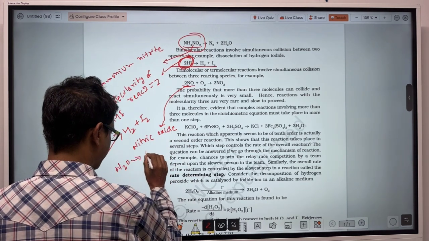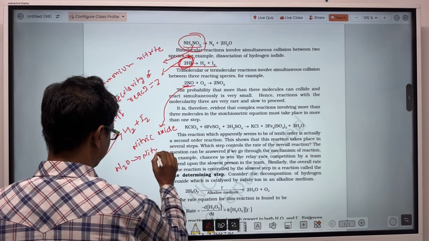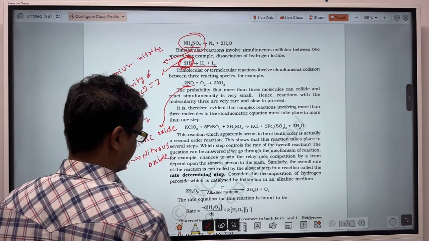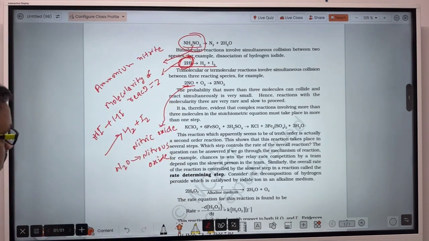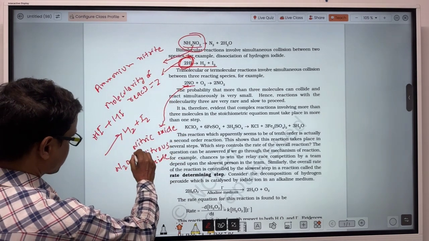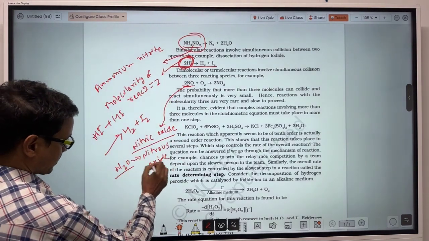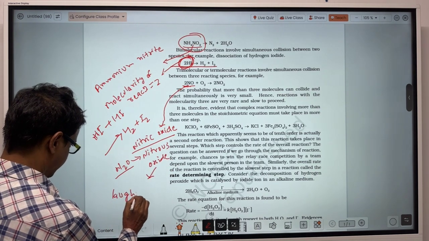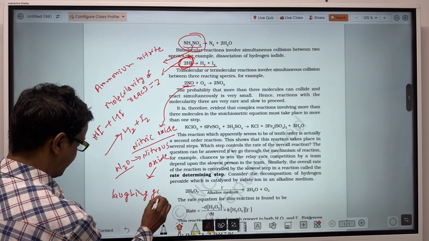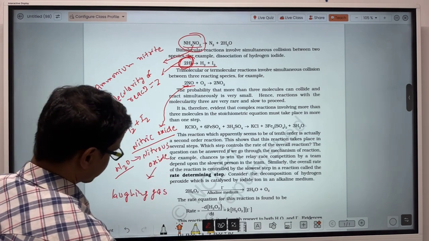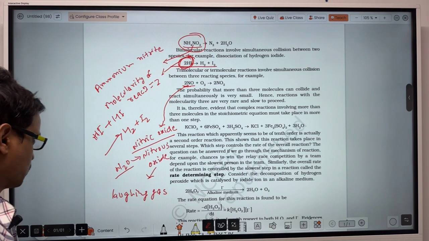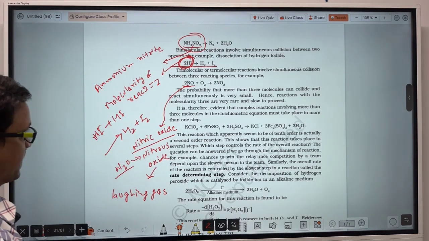Just for the recap, NO is nitric oxide, and N2O is called nitrous oxide, which is also called laughing gas. By smelling this gas, a person starts to laugh. That's why N2O, nitrous oxide, is called laughing gas.